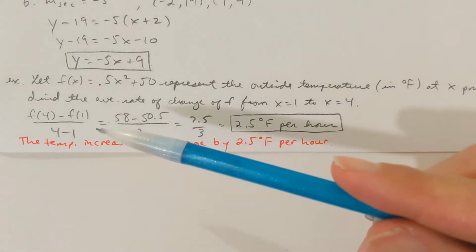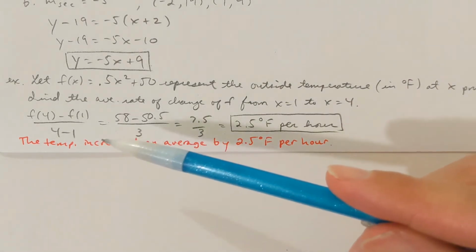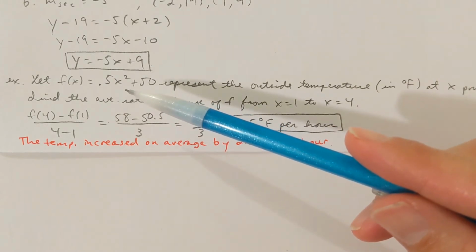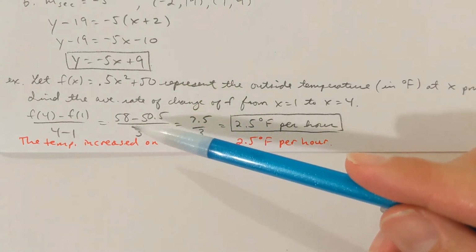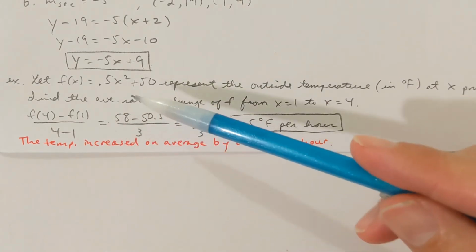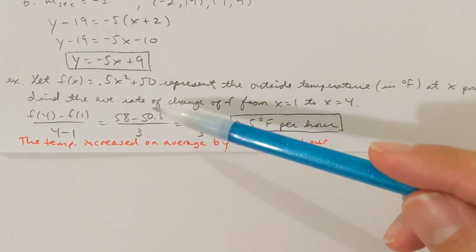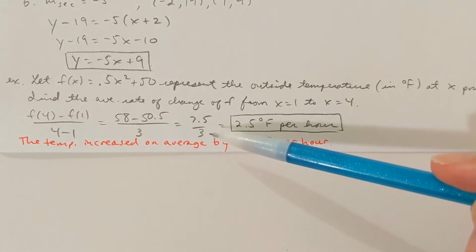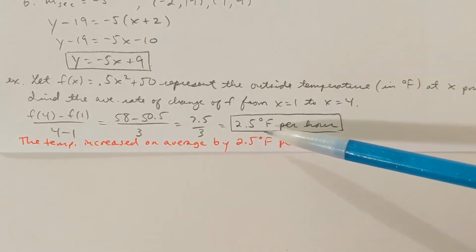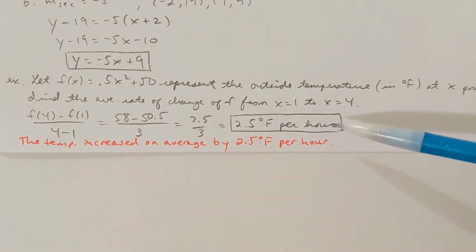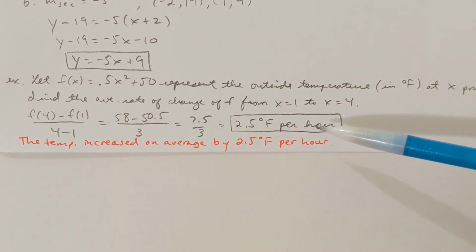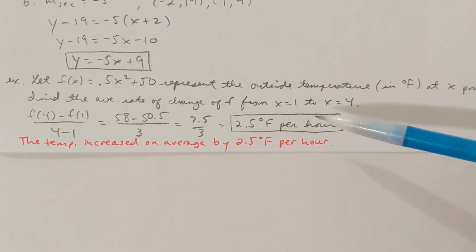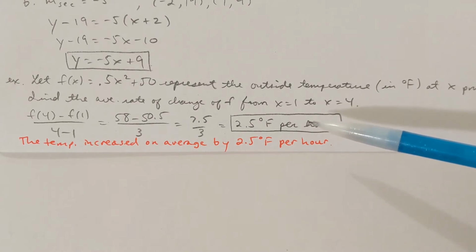So f of 4 minus f of 1 divided by 3. f of 4 is 50 plus half of 16 is 8, 58, minus f of 1 is 0.5 plus 50, it's 50.5, divided by 3, equals 7.5 divided by 3 equals 2.5 degrees Fahrenheit per hour. So the temperature increased on average by 2.5 degrees Fahrenheit per hour, we would say.